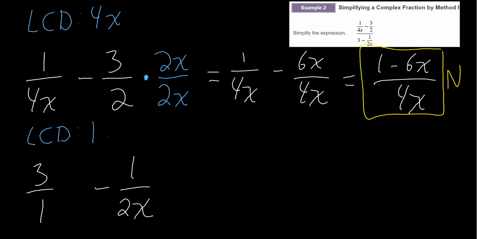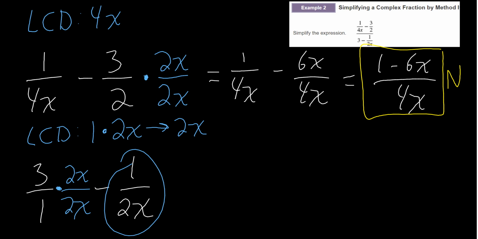That's redundant, but I'm going to put it there anyways. So 1 and then a 2x. So my least common denominator here is just simply going to be 2x. So I need to multiply this fraction by 2x over 2x. And I don't have to deal with this fraction at all because it already has the least common denominator.